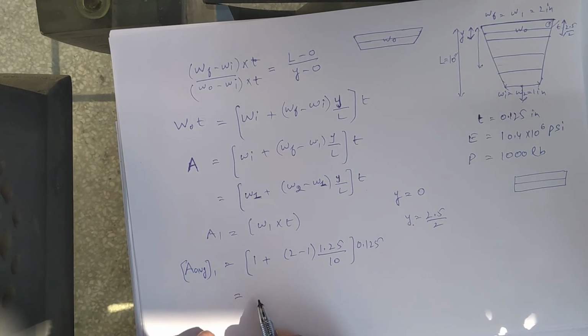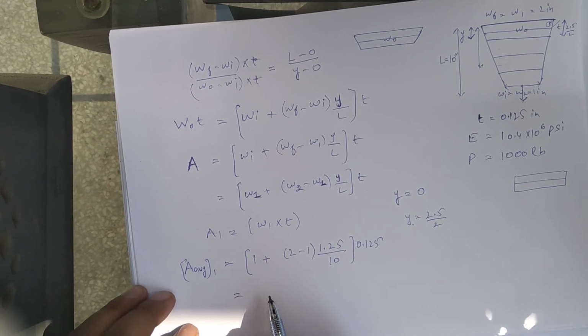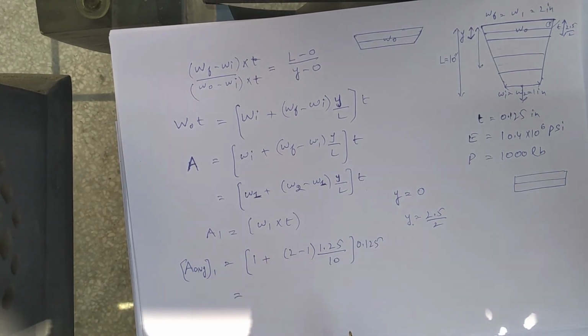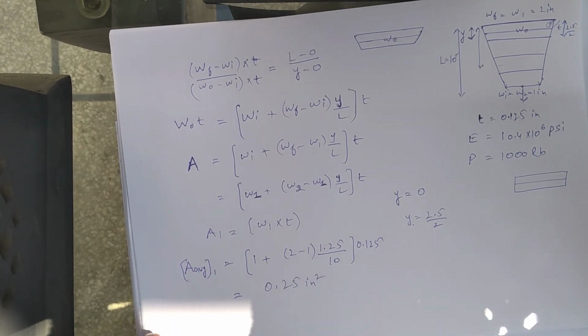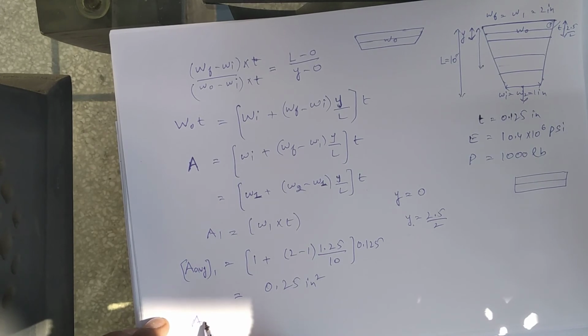From here we get the average area of element number 1, which is 0.25 inch square.